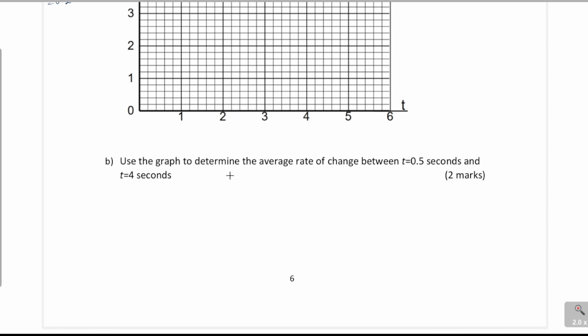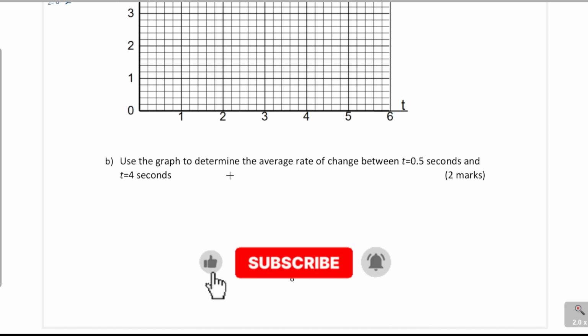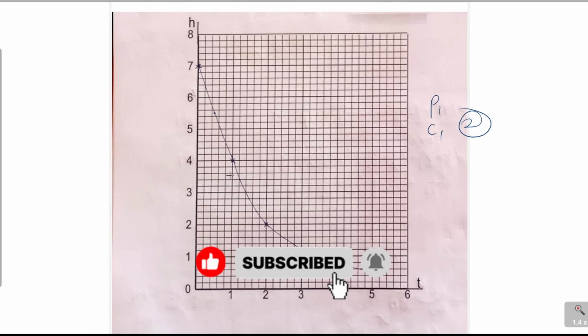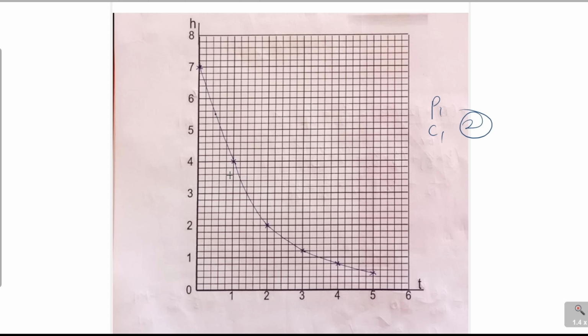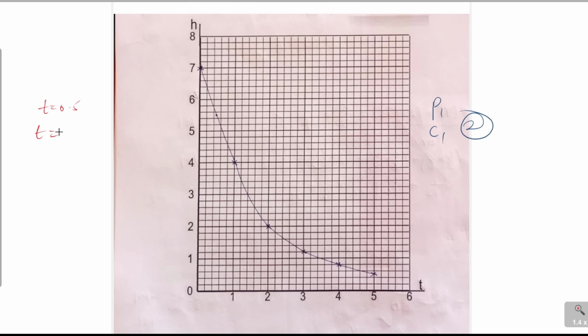Use the graph to determine the average rate of change between t equals 0.5 and t equals 4 seconds. So you just need to read from the table the values of h at t equals 0.5.